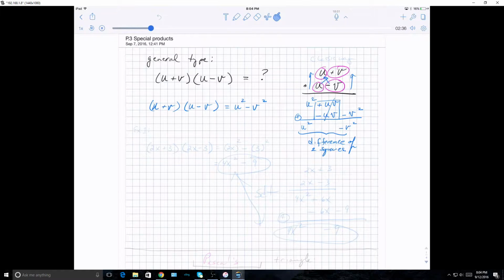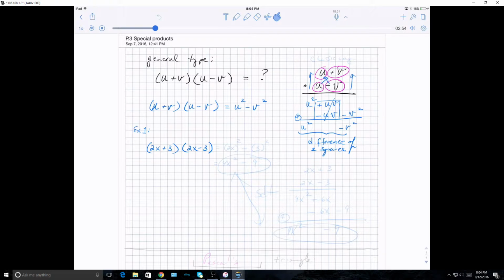Now, we can do a quick example of this, so let's do that. Let's just say that what we have here is 2x plus 3 times the quantity 2x minus 3.